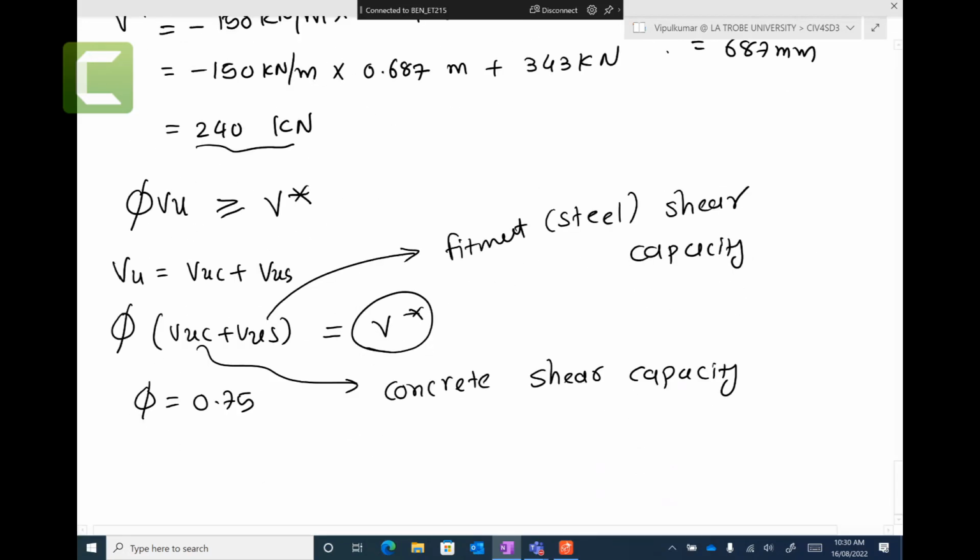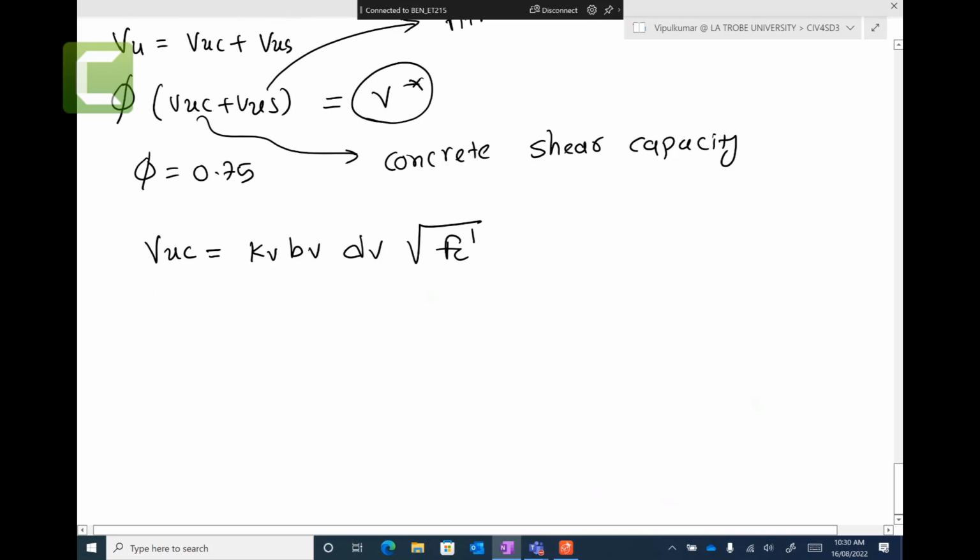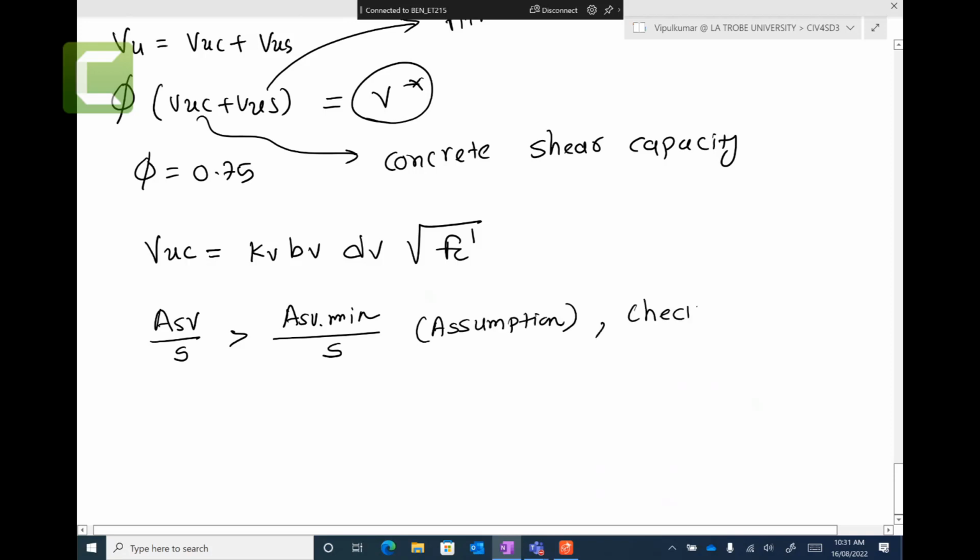So in that case, let's calculate the VUC, the concrete shear capacity: KV, BV, DV, square root of f'c. Now, as you know, we need to make an assumption: ASV on S is greater than or equal to ASV minimum on S. This is an assumption, and we're going to check it later.